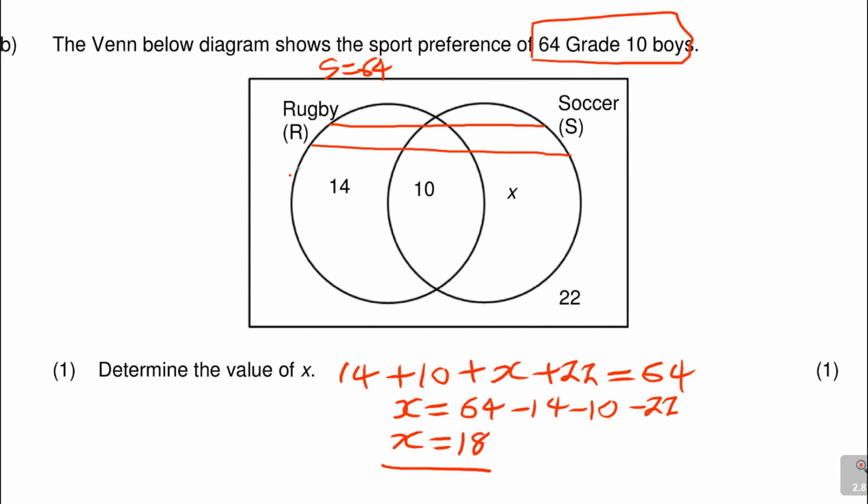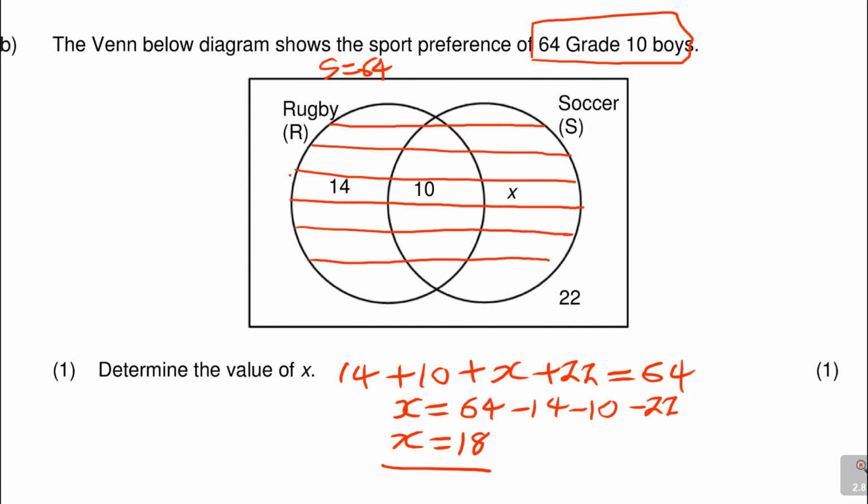You see, union means everything in rugby as well as everything in soccer. So this that I'm having here, it's simple R union S. Are you with me? Let me just use a different color so that it can be clear. This is R union S. That's what I was doing here.